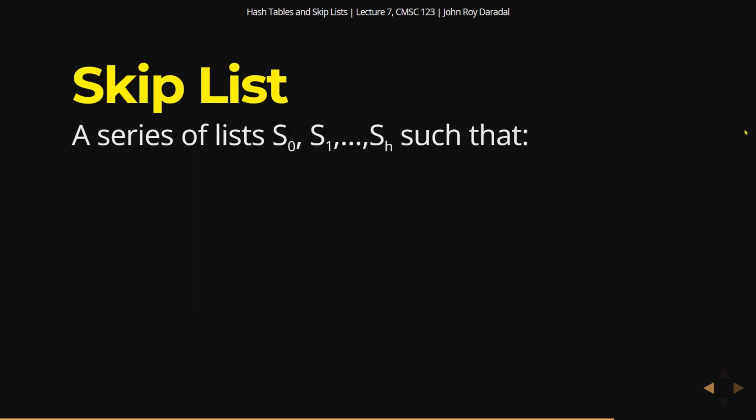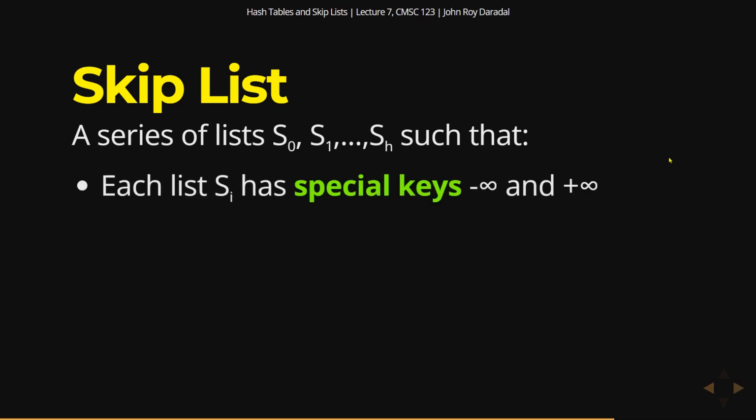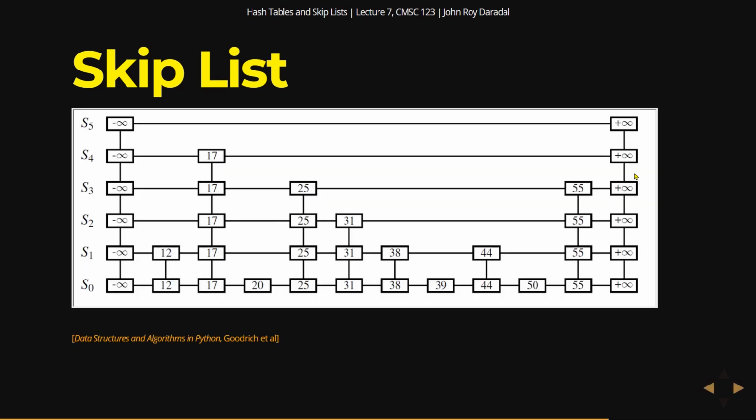So formally, a skip list is a series of lists S0, S sub 1, S sub 2, and so on up to S sub h, such that each list S sub i has special keys negative infinity and positive infinity. We saw that here, right? Our S sub h here is S sub 5, so that's our last list.